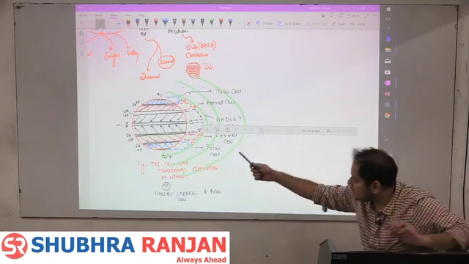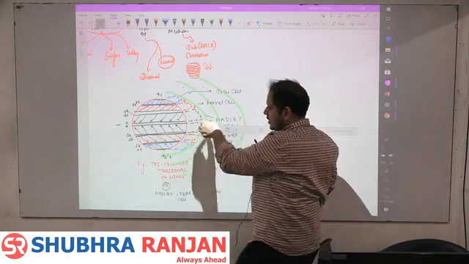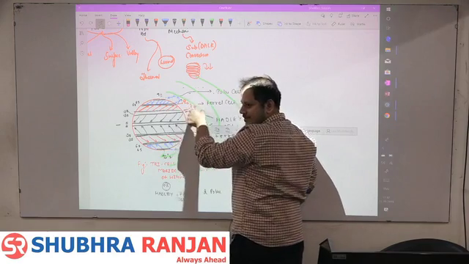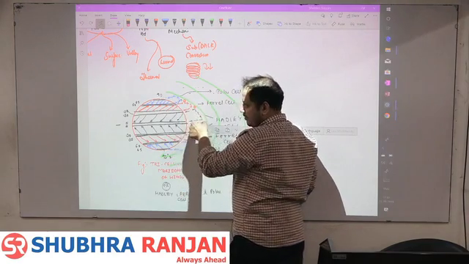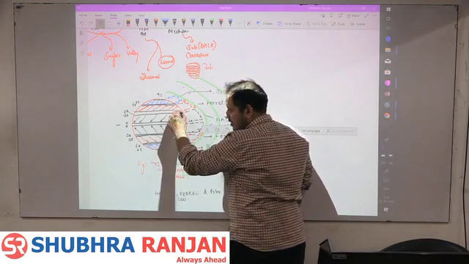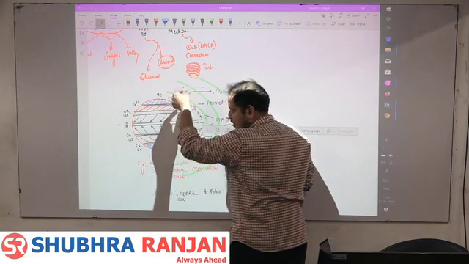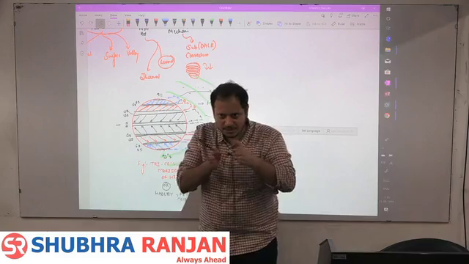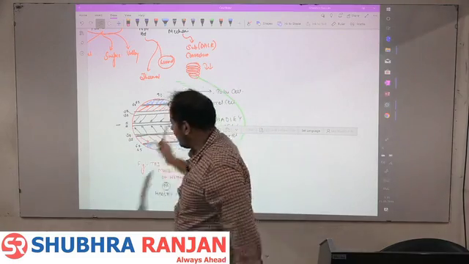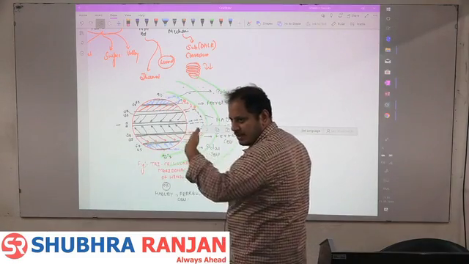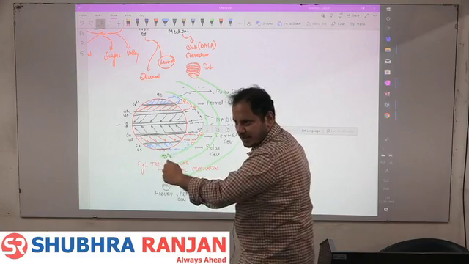This is the direction of the trade winds, this is the direction of the anti-trade winds. Why is the trade wind getting deflected to the right-hand side? Coriolis force, because it is coming in this way and it is going to get deflected to the right-hand side. Now anti-trade is going in this manner, the way you are facing.